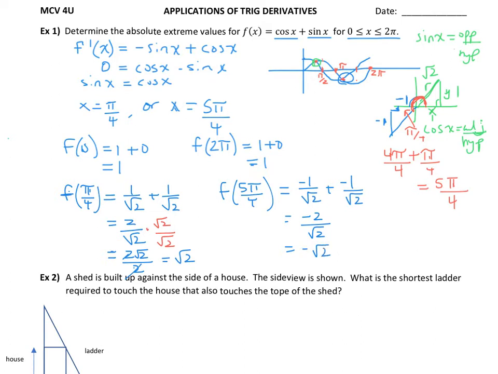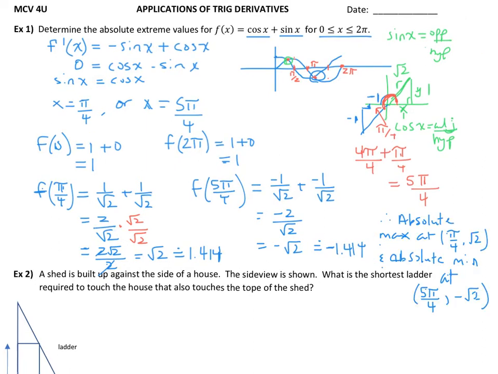So if we take the decimal amount of these, square root of 2 is about 1.414. So that's bigger than 1, so this is our absolute max, and then this one would equal negative 1.414, so that would be our absolute min on that interval. You just want to make sure that you conclude with a final statement there.